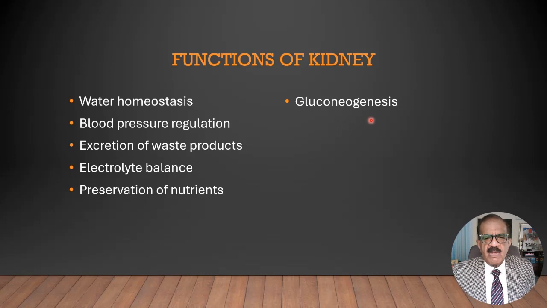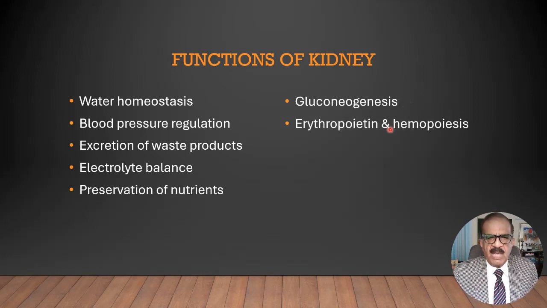Gluconeogenesis, whenever our glucose gets low, gluconeogenesis is a phenomenon where glucose is actually synthesized from fats and from protein, and this is mostly done by liver, but after liver, kidneys also play a very important role. That is why people with diabetes and kidney disease are more likely to develop hypoglycemias.